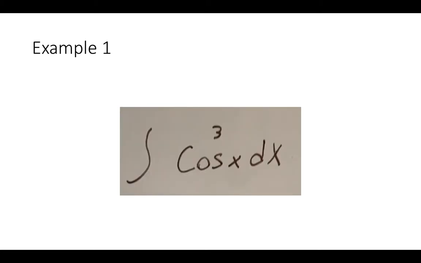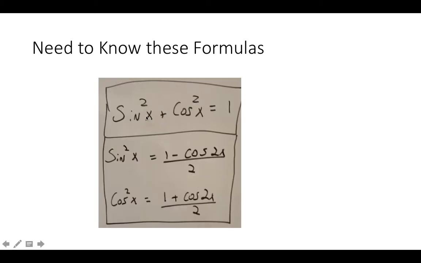All right, so what is the indefinite integral of cosine cubed x dx? So what's the first thing we want to do? We have an odd exponent, so most likely we're going to use this formula.